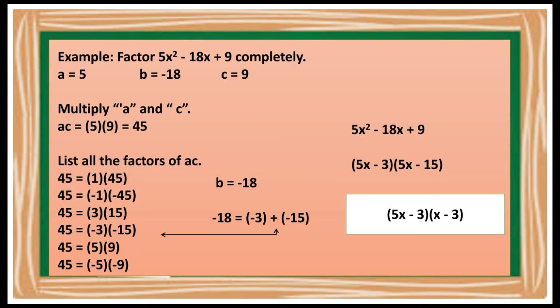Now we have 5x minus 3 times x minus 3 as your final answer for the expression 5x squared minus 18x plus 9.